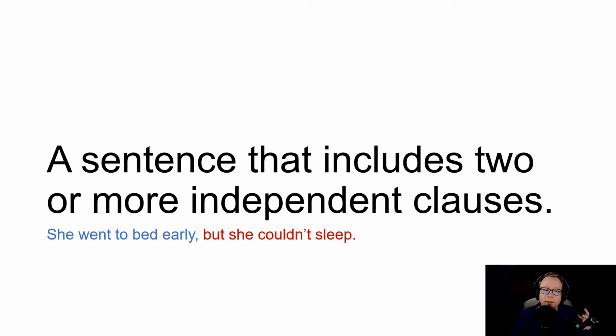A compound sentence is a sentence that includes two or more independent clauses, like the one we just looked at: She went to bed early, but she couldn't sleep. This is one of four kinds of sentences. In a previous video, I explained what a simple sentence is, which is basically an independent clause. In the next video, I'll explain some of the other kinds.